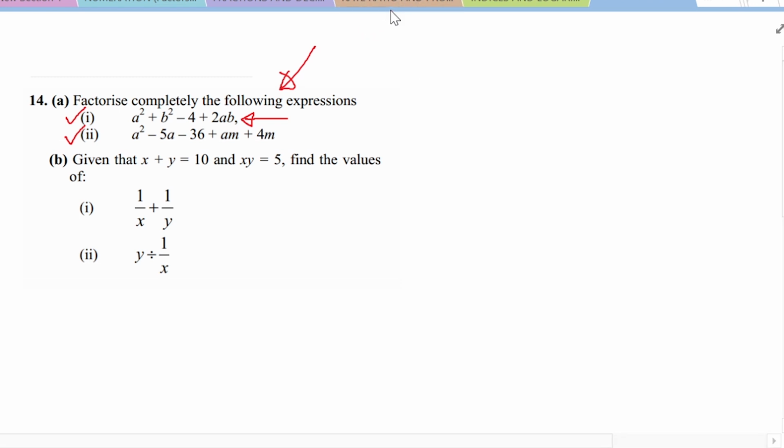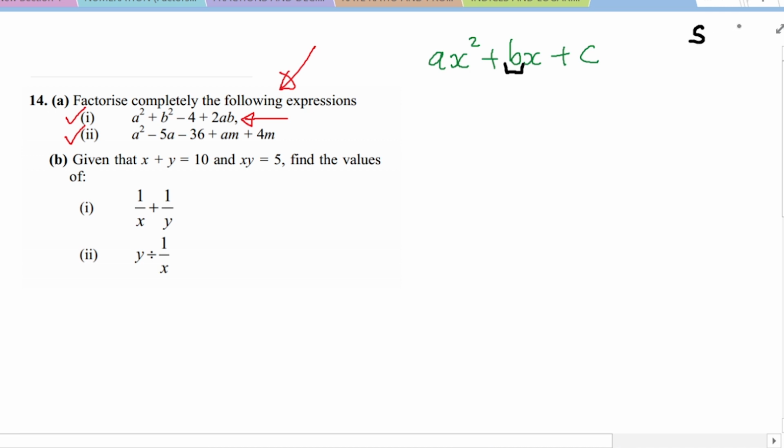Now we all know from our classroom, when they were introducing this topic, that the general form of a quadratic expression is ax squared plus bx plus c. And when we are trying to factorize a quadratic using the factorization method, we look at the coefficient of x here, which is b, and we want to find two numbers.